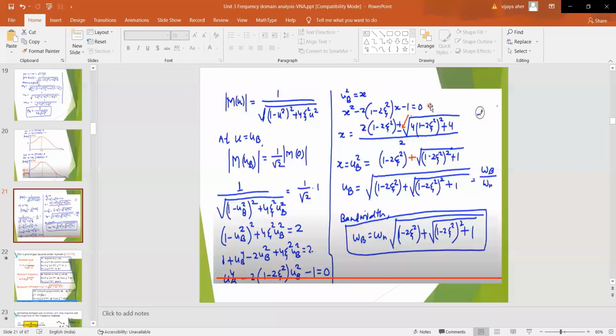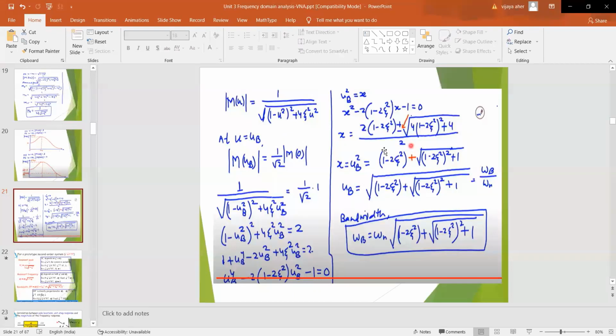So you can solve this equation, find out roots of this equation. How to find root? x is equal to minus b plus or minus under root of b square minus 4ac divided by 2a. Now x is equal to 2 into 1 minus 2 zeta square bracket complete plus or minus under root of 4 into b square, so what is b, b is this, plus 4ac. a is equal to 1, c is equal to 1, so plus 4, divided by 2a.